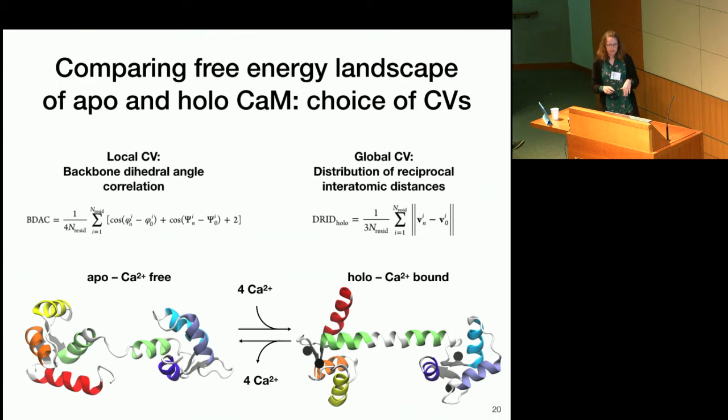We are using, as I mentioned, a method that is collective variable free, but still when we project the free energy landscape, we need to project it onto a set of collective variables. And here we picked 2 collective variables, a local one that is based on the similarity of backbone dihedral angles in the holo structure, and a global CV that is based on the distribution of reciprocal interatomic distances also to the holo structure.